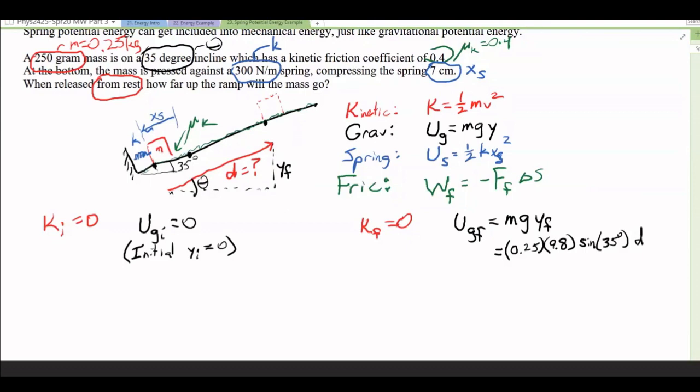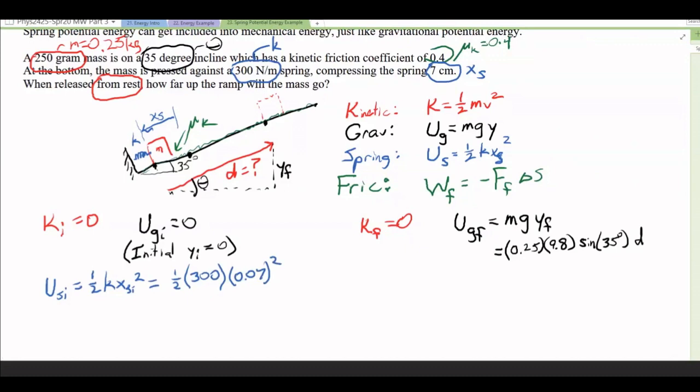So we know the initial gravity and we know the final gravity as a little bit of a formula. Let's do the spring. The spring energy U sub s initial is 1/2 k x_s initial squared. So that's just 1/2 times 300 times 0.07 squared, because the spring was initially compressed by 7 centimeters. And I have calculated that already.